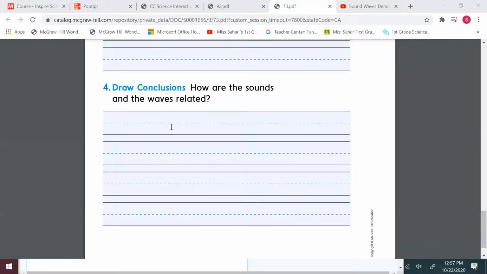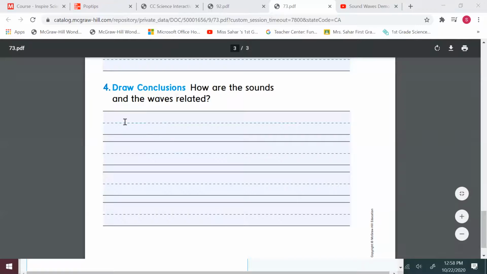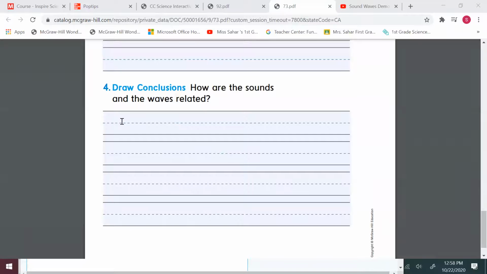So I can say that the softer the sounds made, the smaller the waves, right? And when I made louder sounds, when I hit the fork harder, I saw larger waves or larger ripples. So this is the conclusion. If I hit it soft, the sound will be softer, and of course the waves in the water bowl are smaller. And then when I hit it hard, I heard louder sounds and it made larger waves.